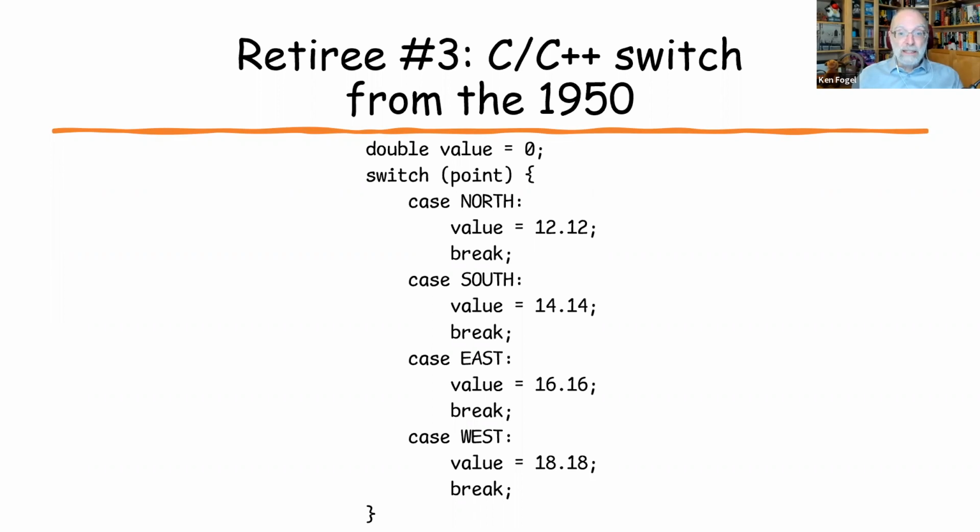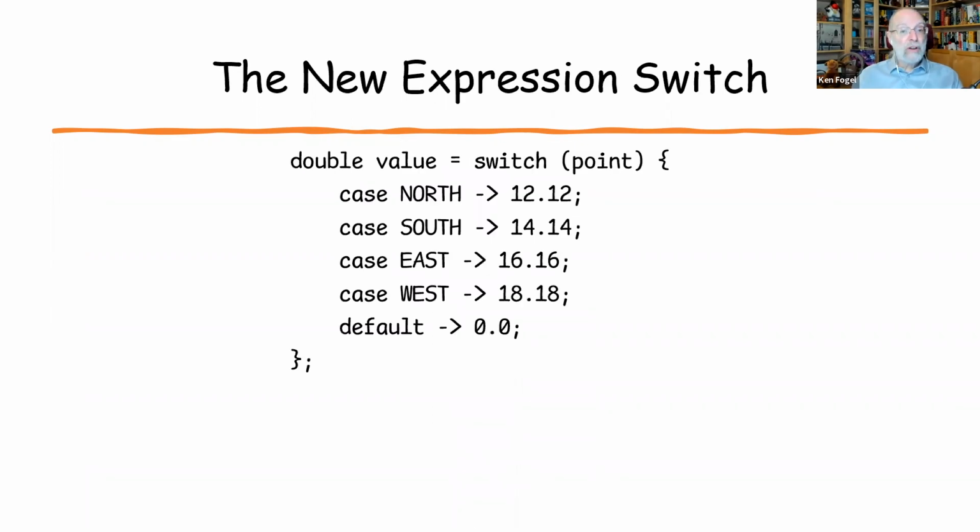Well, recently Java moved into the 21st century, so to speak, and we've gotten three new versions of the switch. And between the three, you should never use that first one. So let's begin with the expression switch. I love this one. Just looking at it, this is the equivalent of what we just saw in the previous slide.